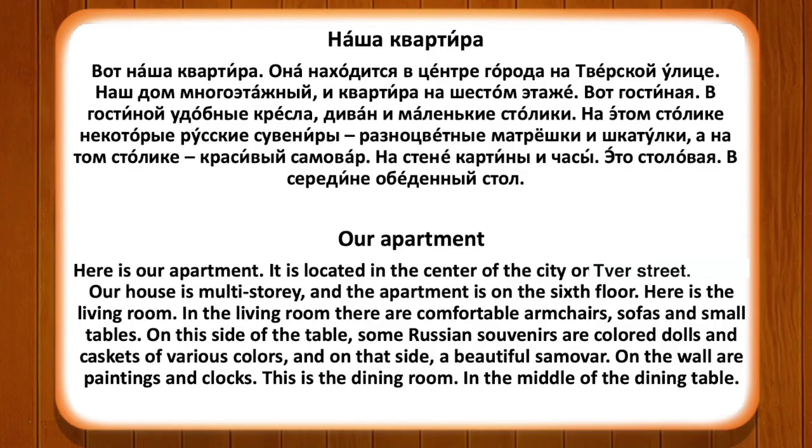Разноцветные матрешки, colorful matryoshka dolls, и шкатулки, and Russian traditional boxes. На том столике красивый самовар, and on that table a beautiful samovar. На стене картины и часы. On the walls, paintings and a clock.